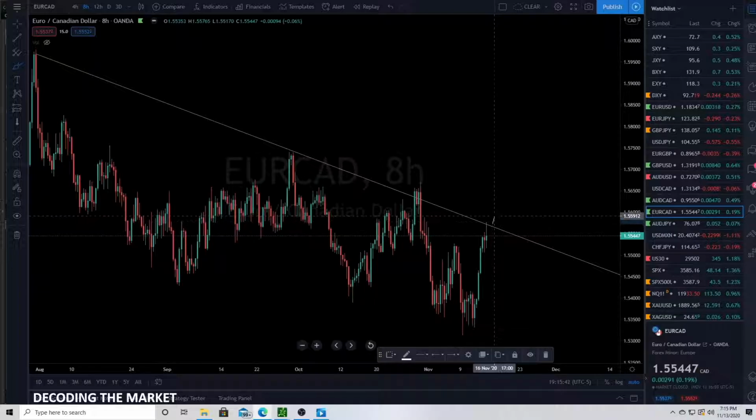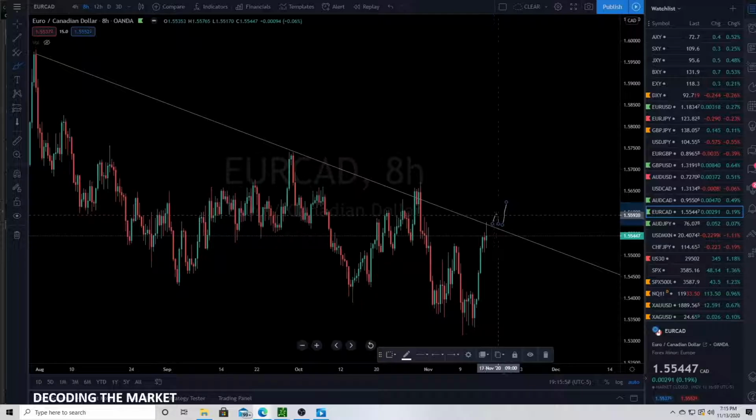Must close above, come back and test support and close above this trend line, and make sure the third candle is going up.